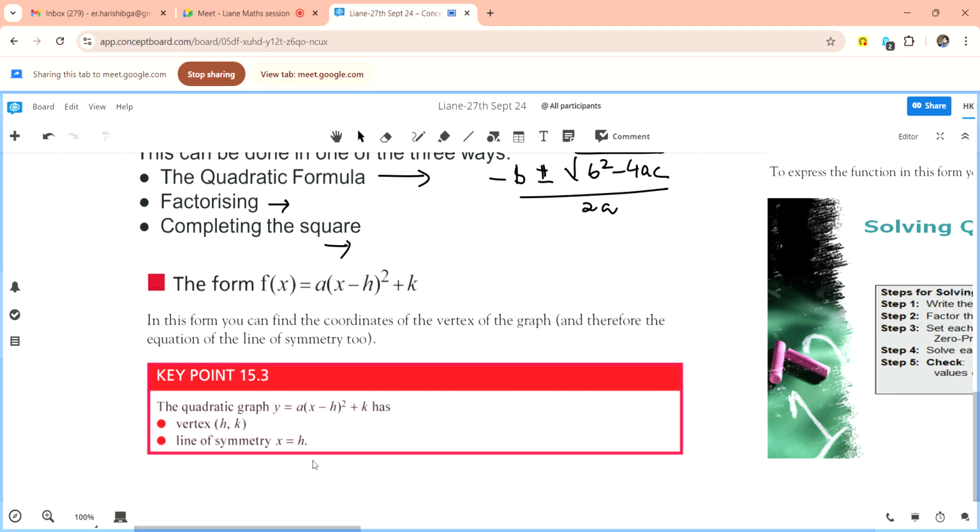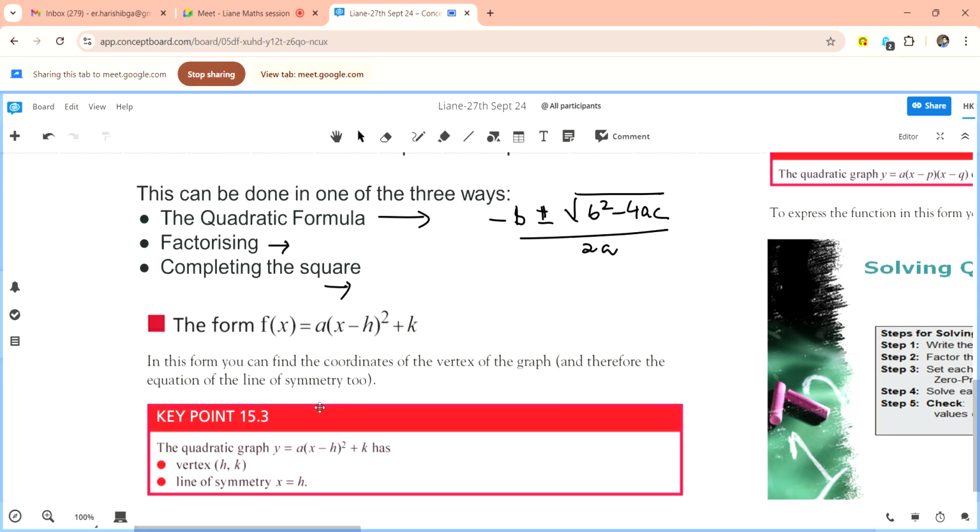And also, along with the vertex which is h comma k, we have the line of symmetry. Line of symmetry is that vertical line passing through that turning point, and the coordinate of that turning point is h comma k, and that line is vertical. So any vertical line has an equation x is equal to that passing x coordinate.